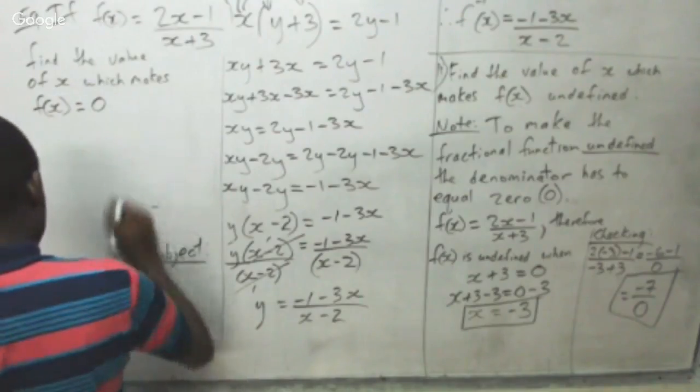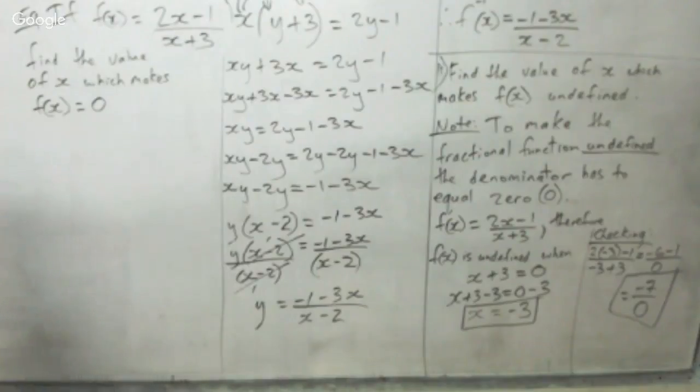What it's saying is that find some number for x which, when you put it in the function, will work out to 0. So you're going to form an equation.